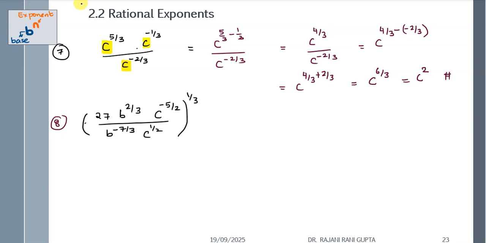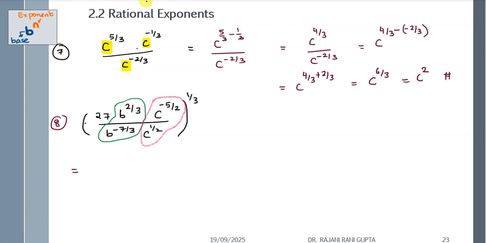So what you can do is you can either distribute the power to each term and then simplify, or this is what I recommend: simplify the power of b first separately, power of c separately, and then distribute the outside power. But if you distribute first and then simplify, it will give you the same answer.